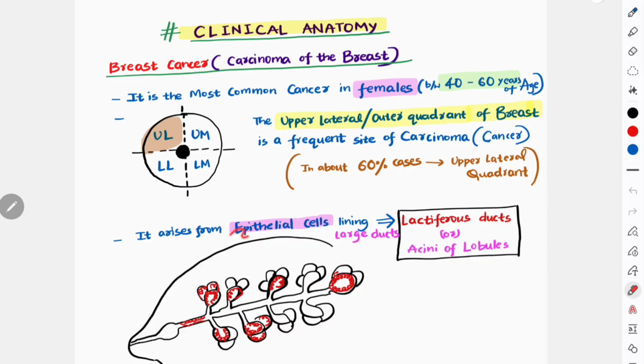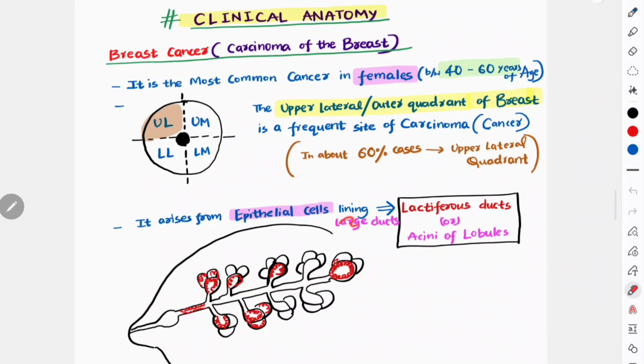It arises from the epithelial cells lining the large ducts. See, this is the lobe. You can see the ducts, ductules, acini, alveoli, and here you can see the lining of epithelium. From these epithelial cells, abnormal, uncontrolled division of the cells takes place.